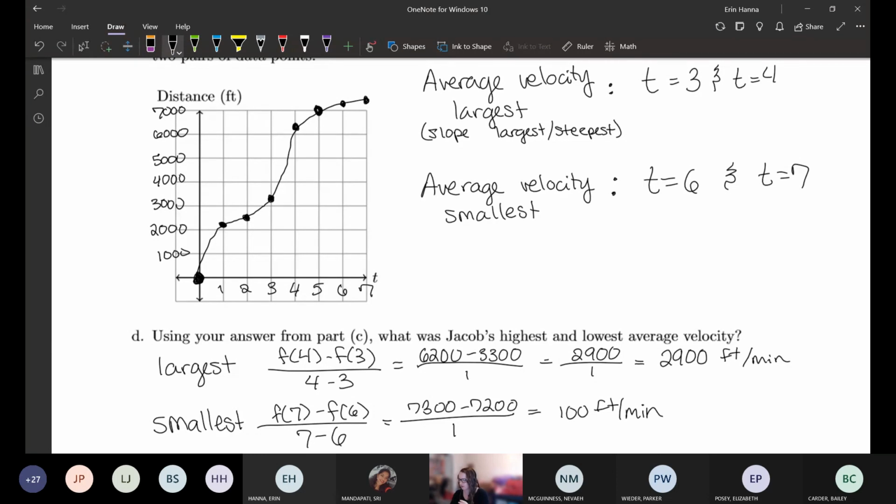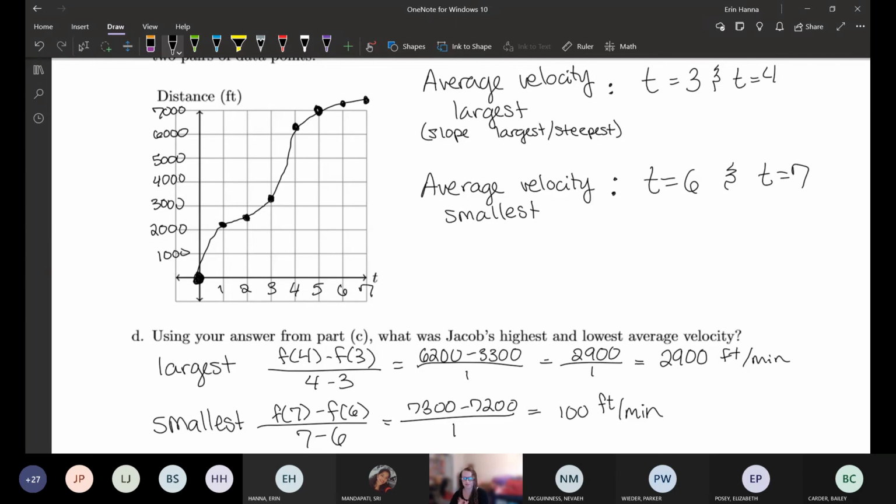That F looks really silly. There we go. So average velocity is an average rate of change, is a slope. Lots of different ways to say the exact same thing.